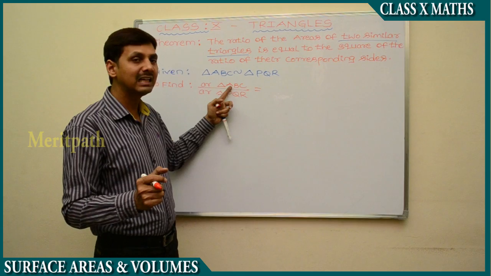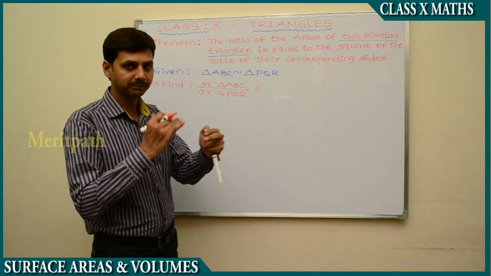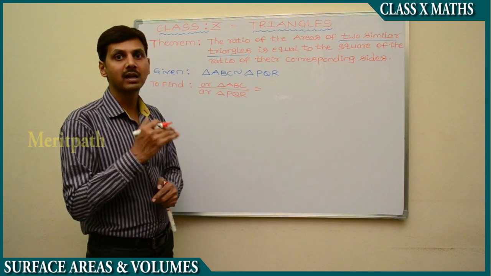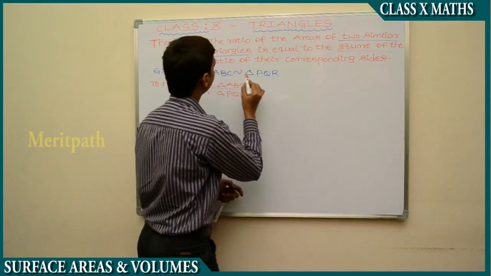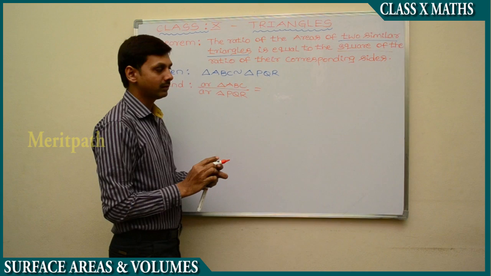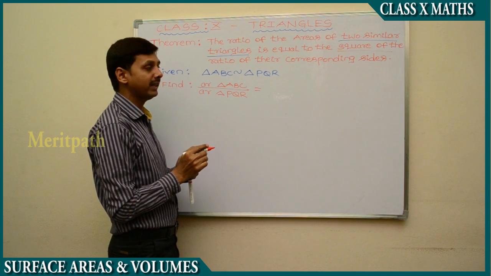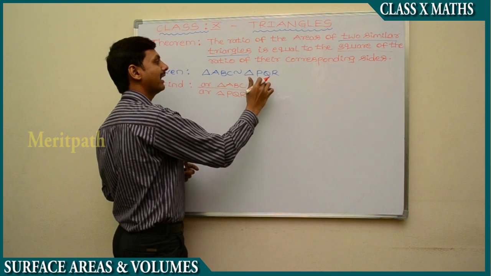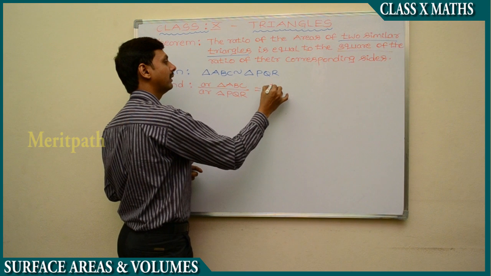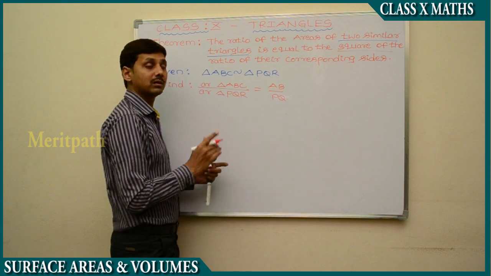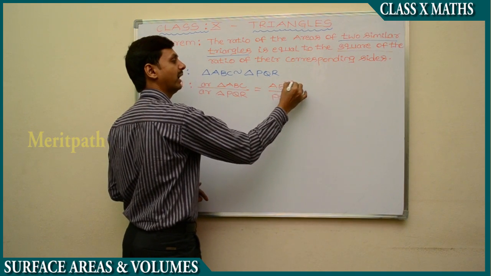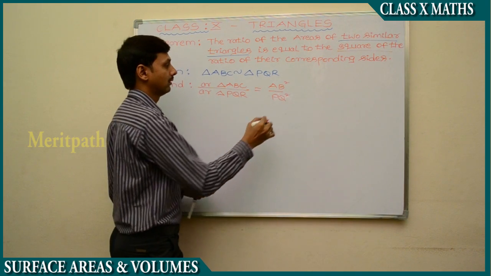So ar of triangle ABC by ar of triangle PQR, the ratio of their areas, is equal to the square of their corresponding sides. The corresponding sides of triangle ABC and triangle PQR are AB and PQ, so AB square by PQ square.